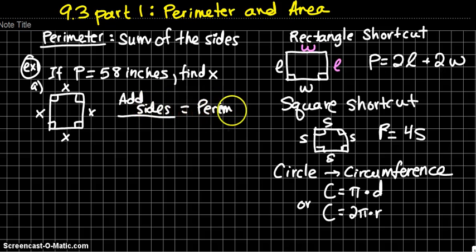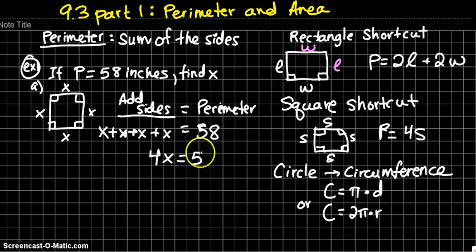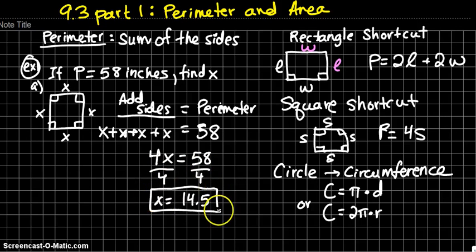Well, in this case, my perimeter is 58, and my sides are x, x, x, and x, or I could have just said 4x. So again, add up all the sides, it's equal to the perimeter. And the only difference this time is that I'm trying to find x instead of trying to find the p-value. So we'll just divide by 4, and you end up getting 14.5 inches for x.